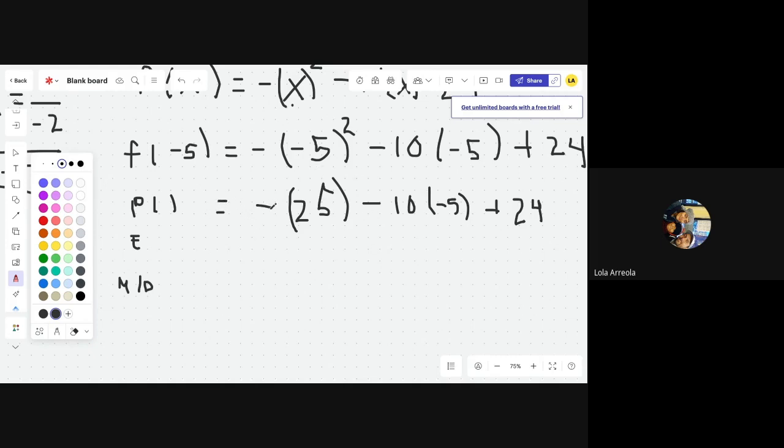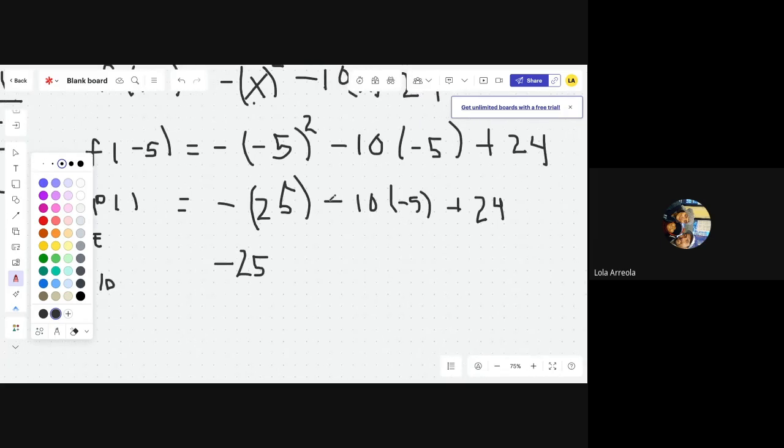I have negative 1 times 25, so that is negative 25. Notice I was able to remove the parentheses because I completed the multiplication here. So I have negative 25, and now I have negative 10 times negative 5, which is plus 50.